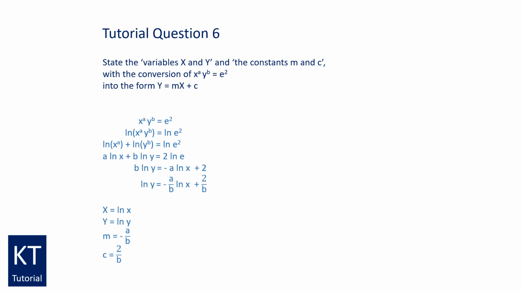In this case, you apply log to both sides of the equation and use the laws of logarithms to get to the required equation, with the variable X being the log of x and the variable Y being the log of y, with its constant m being equal to minus a over b and the constant c being equal to 2 over b.